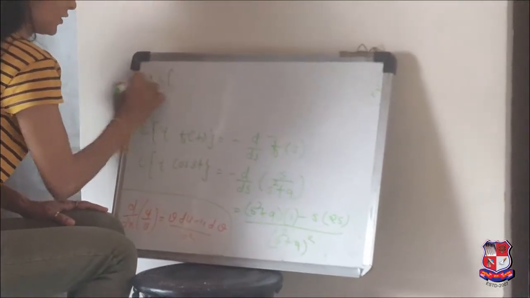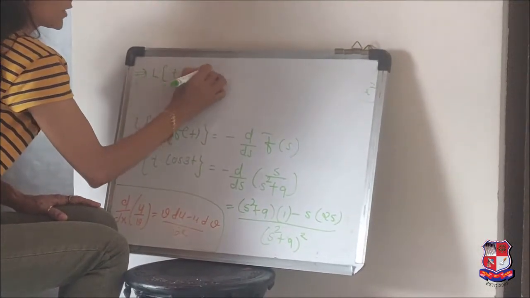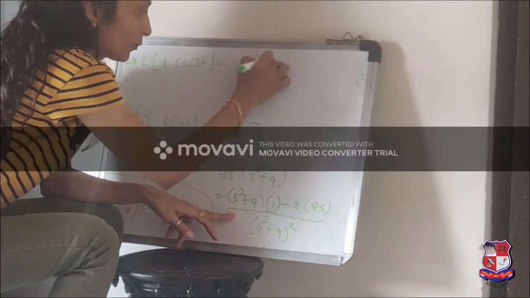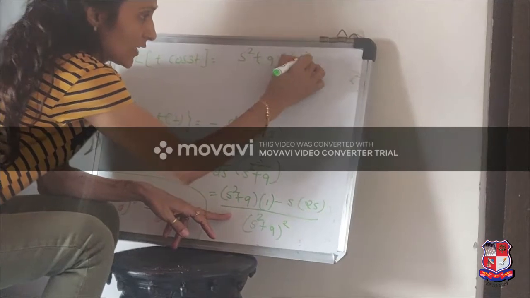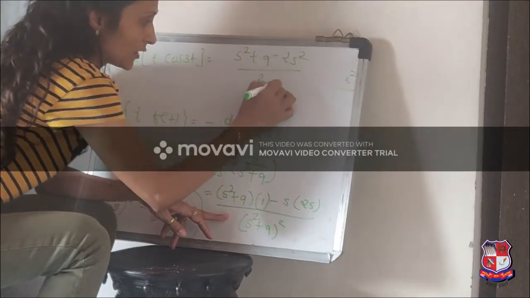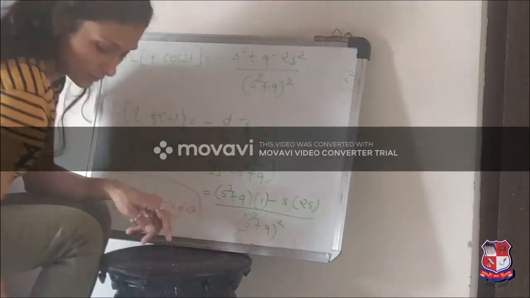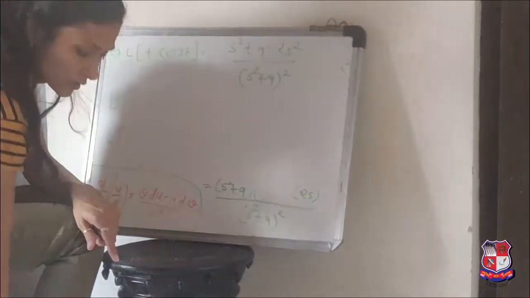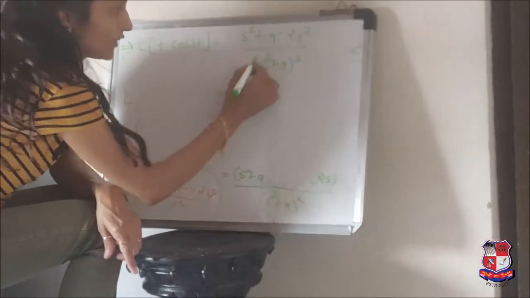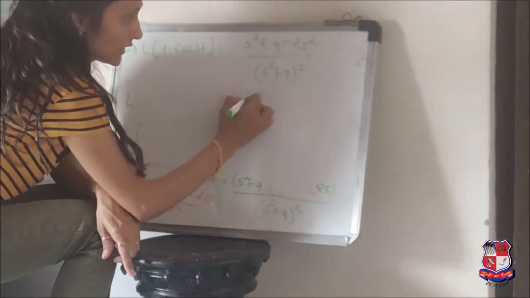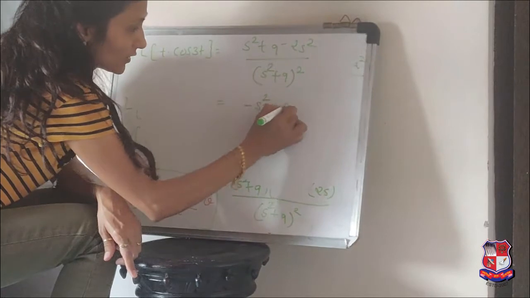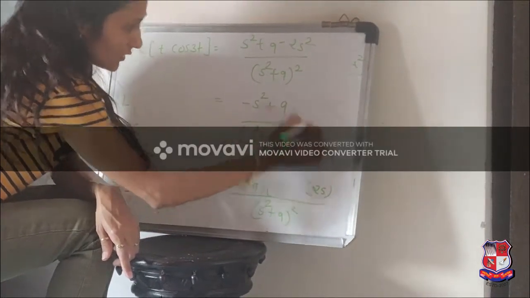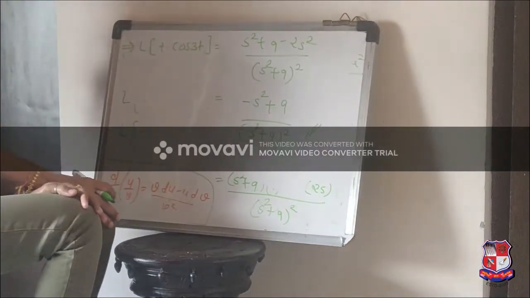Therefore L of t cos 3t is equal to s square plus 9 minus 2s square over s square plus 9 whole square. The simplification is s square minus 2s square, that is minus s square plus 9, over s square plus 9 whole square. This is our required solution.